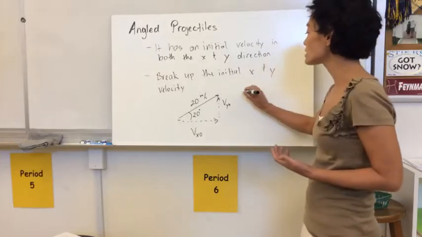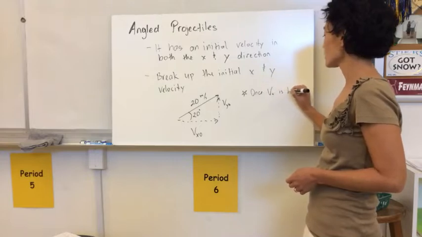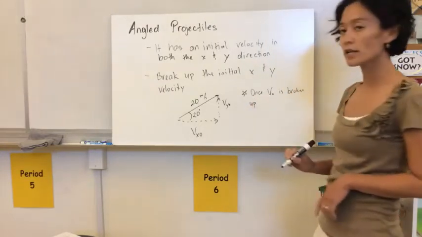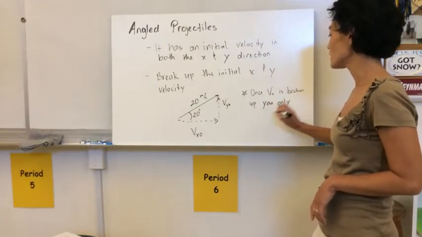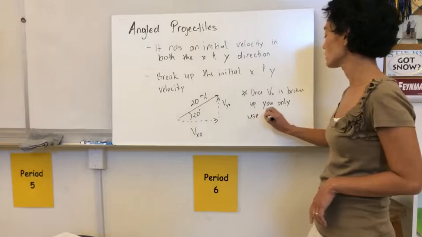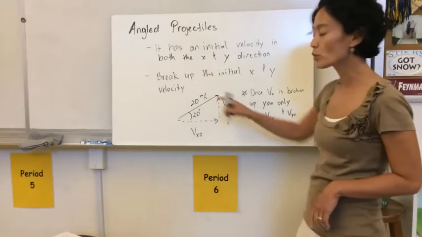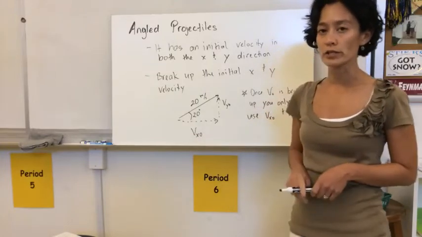Once v naught is broken up, you no longer use it. Once you break up that 20, you're never going to use it again. You're going to only use its component values in the equations.